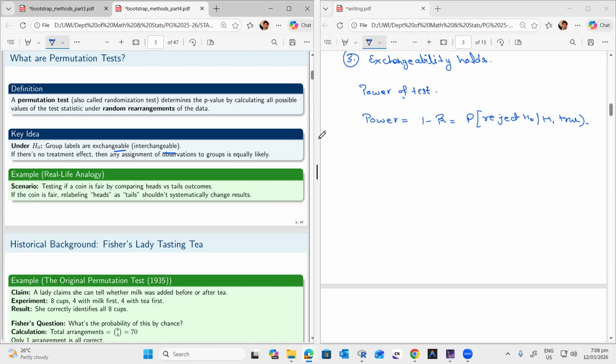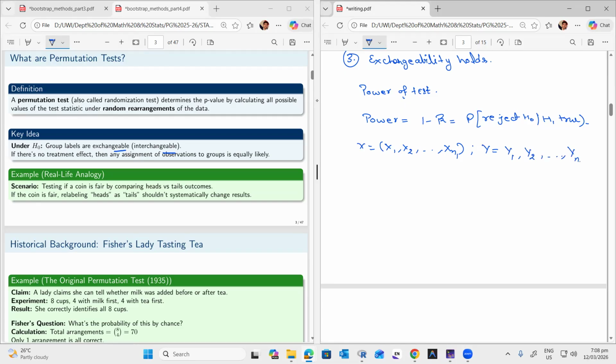For example, if you have x, that is x1, x2 up to xn1, and y, that is y1, y2 up to yn2 observations, the null hypothesis is defined such that the distributions of both observations are equal and identical.